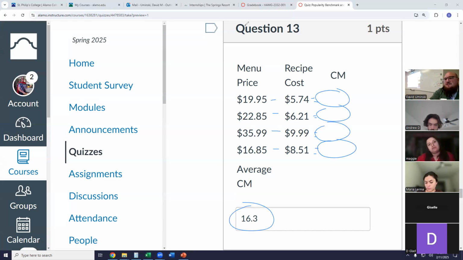But you still have to understand that the contribution margin is the menu price minus the recipe cost. Because if you found the average, then you won't know whether that specific contribution margin, which was 1421, is higher or lower than the average. So you still have to find the individual contribution margins.